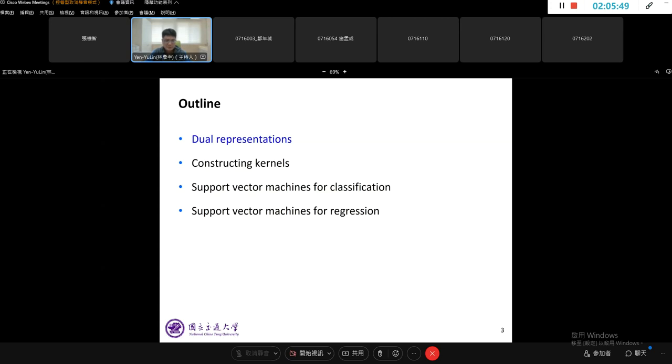Okay, so in the beginning, let's look at the meaning of dual representation. We want to deal with the dual representation of a classification or regression problem.